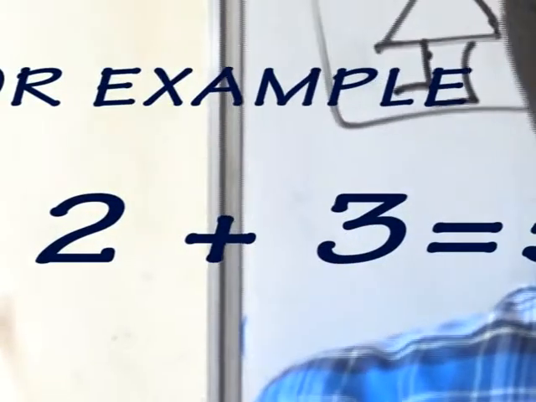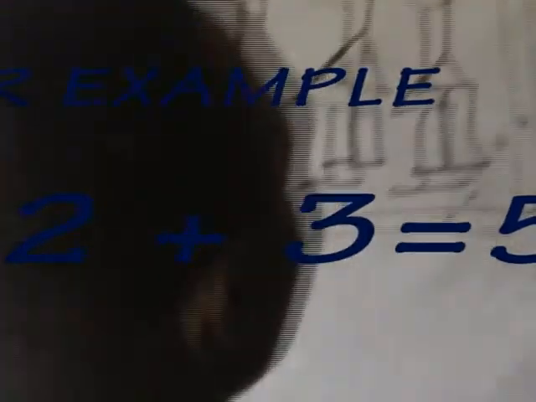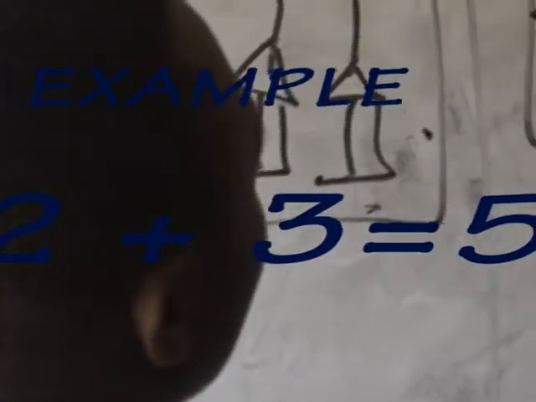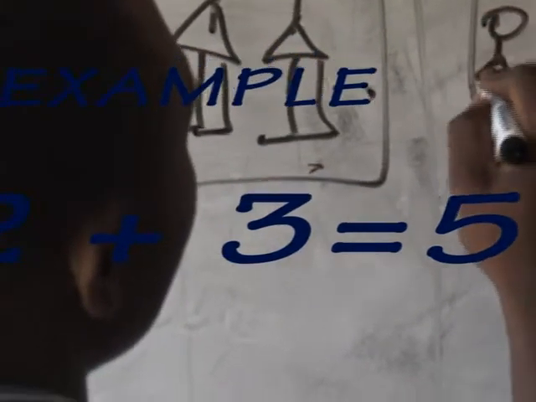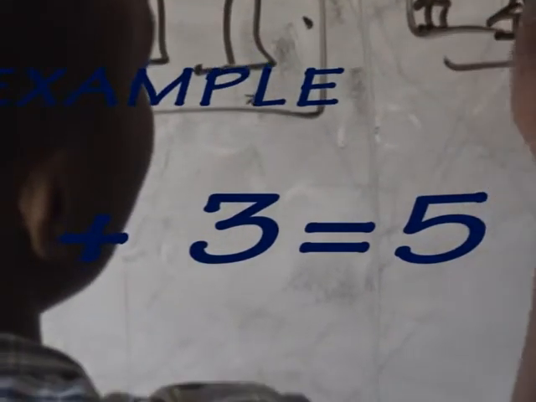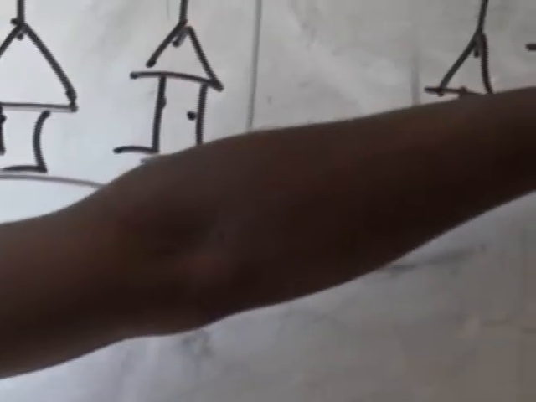Here we are going to have 1, 2, 3, 4, 5. There are only 5. So we are going to say that it's 2 plus 3, we get 5. This is an example of addition.